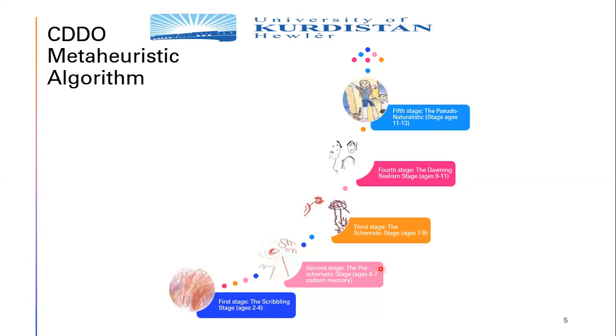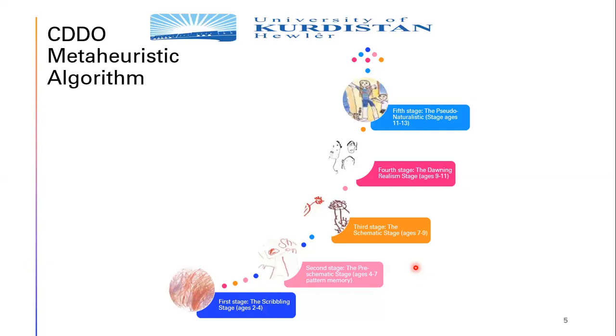Then the next stage is the schematic stage, where the age of the child is 4 to 7 years old. This stage is also called pattern memory.